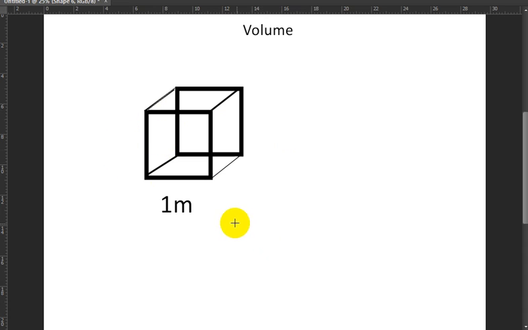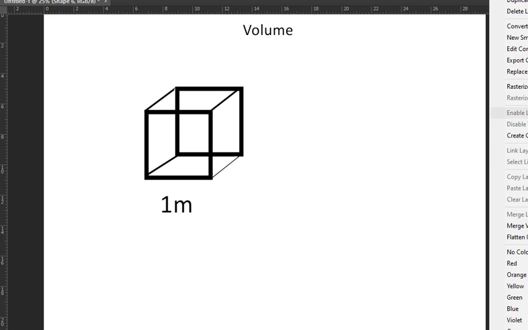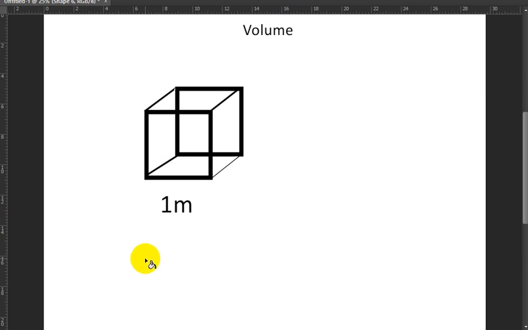All right, so first of all, some terminology, because the terminology is not actually the same as what we had with two-dimensional shapes. So we said that the three-dimensional shape that we have here, so the cube, is made up of 6 squares.